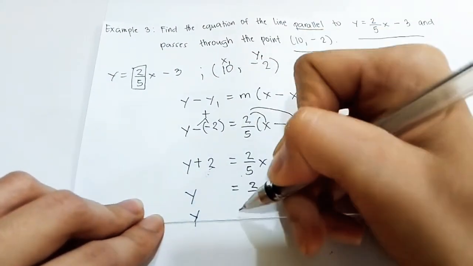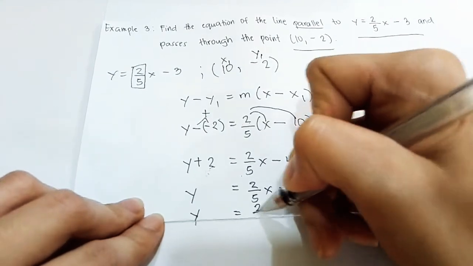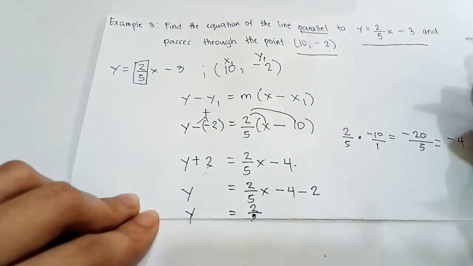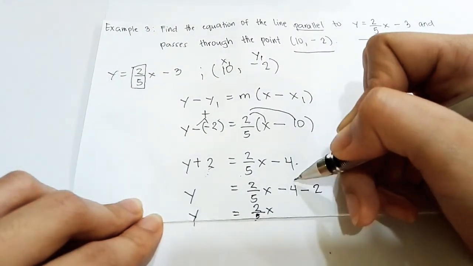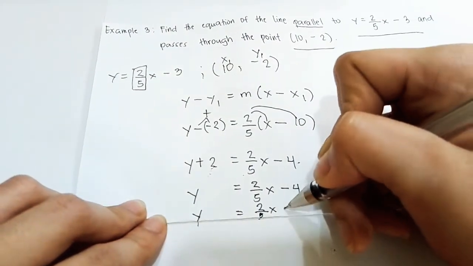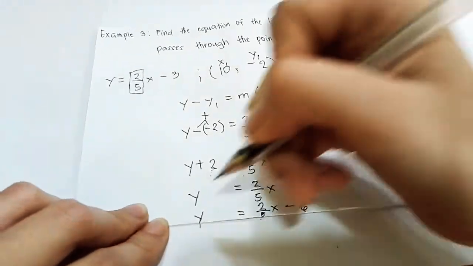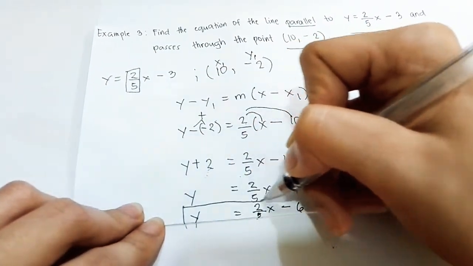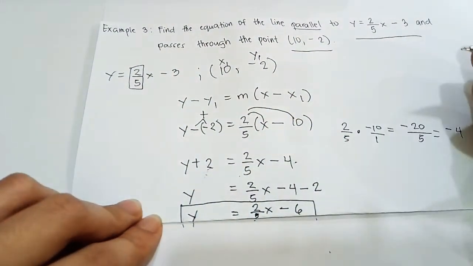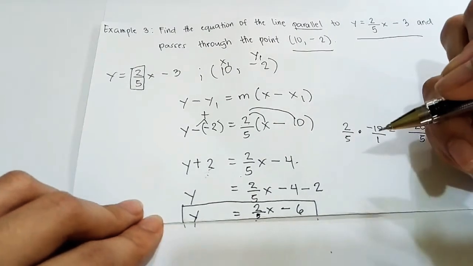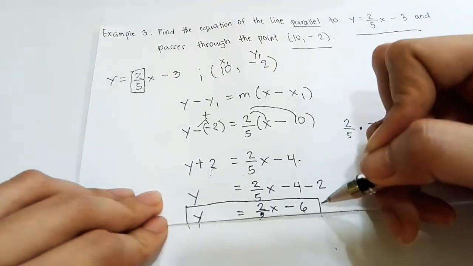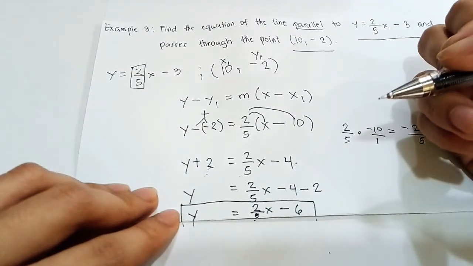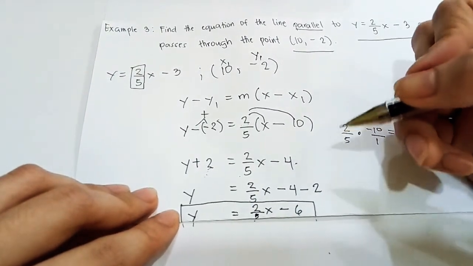And lastly, we have y equals 2/5 x, negative 4 minus 2, that is negative 6. And this is now the final answer. So it is in the slope-intercept form. But we can convert this one into the standard form.